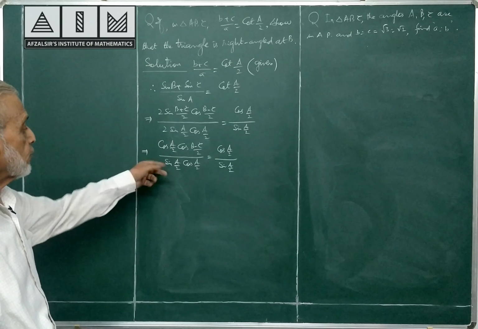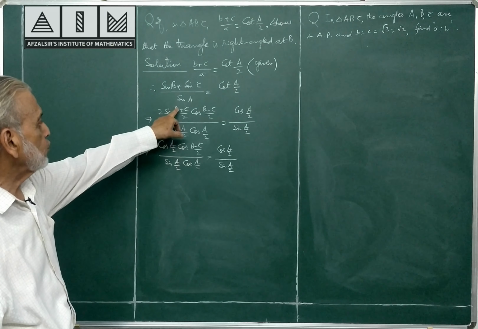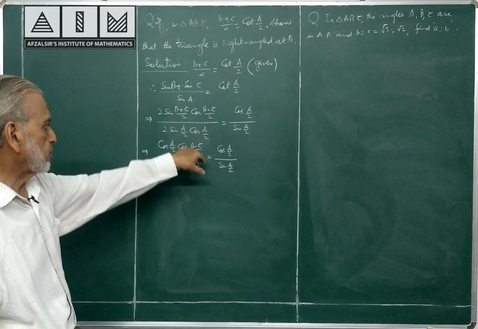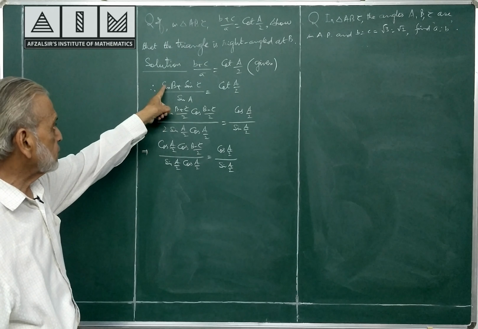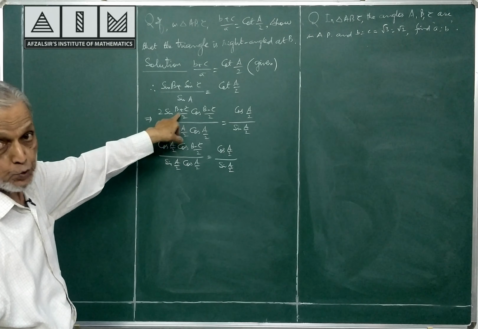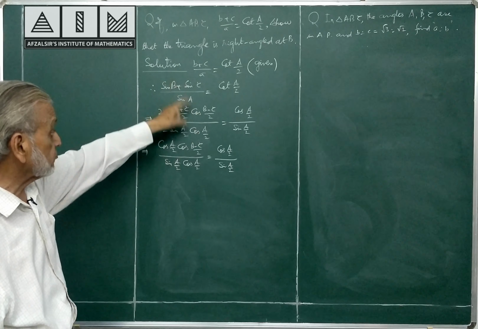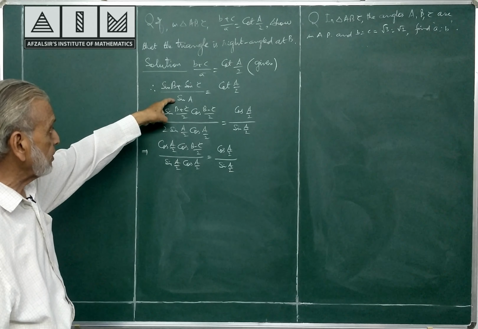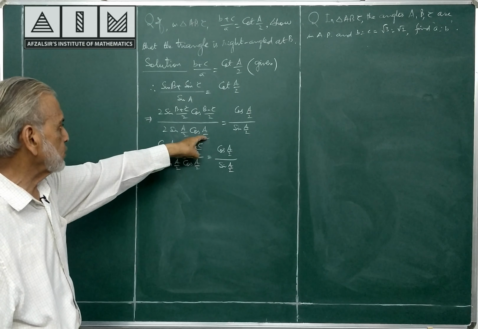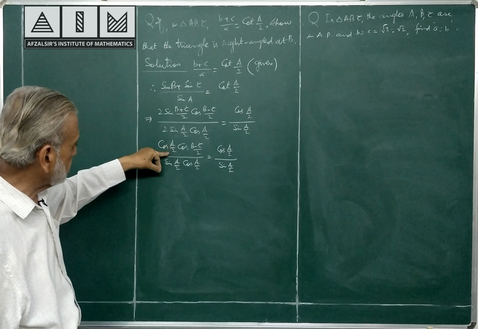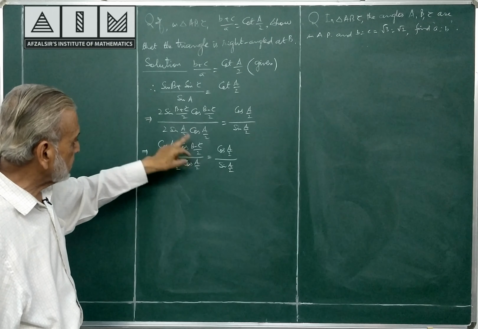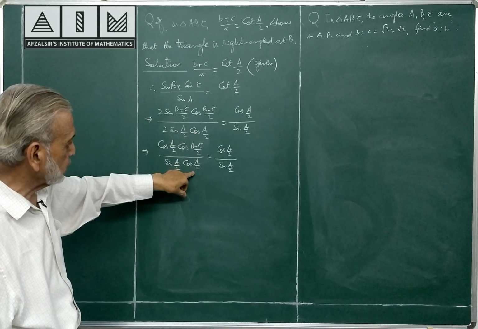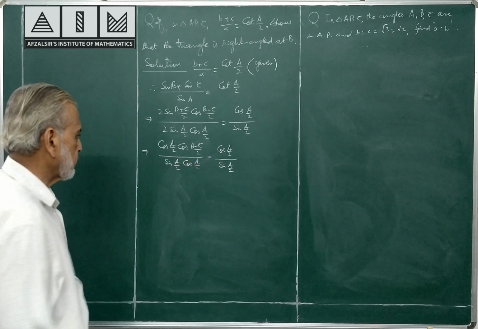Please understand carefully. This cos A by 2, sin B plus C by 2, cos B minus C by 2; sin C plus sin D, 2 sin C plus D by 2, cos C minus D by 2 is the formula of transformations. Sin A, multiple submultiple angles, 2 sin A by 2 cos A by 2, sin B plus C by 2 is cos A by 2, cos B minus C by 2 as it is, sin A by 2 as it is, cos A by 2 as it is, cot is cos by sin.